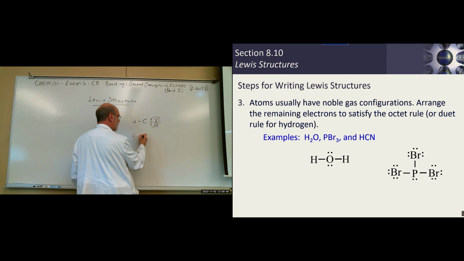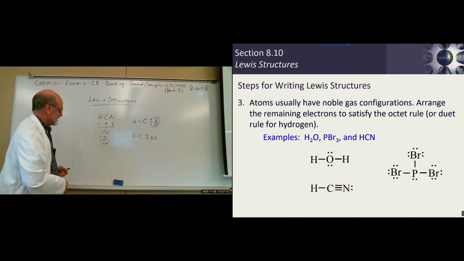So now we have 3 bonds. 1, 2, 3. These electrons are now in bonds. And we have that lone pair left over. Now we have an octet, 2, 4, 6, 8, 2, 4, 6, 8, 2. That's a valid Lewis dot structure for hydrogen cyanide. Okay?